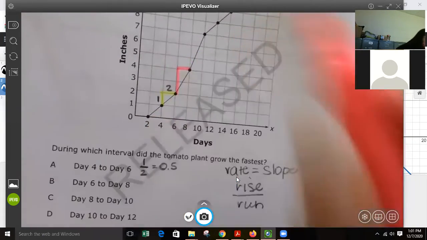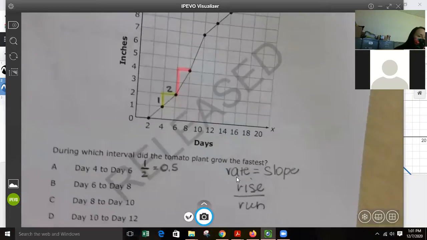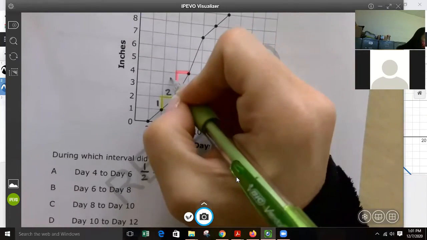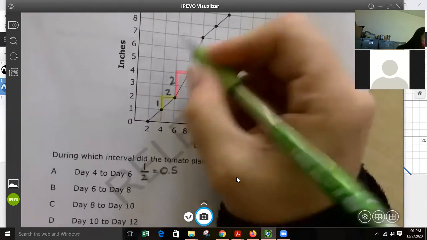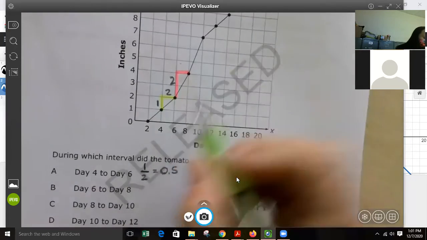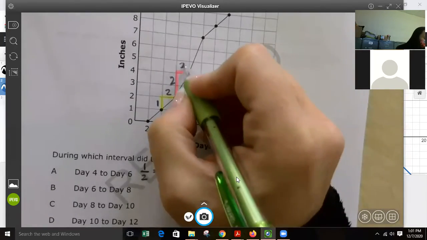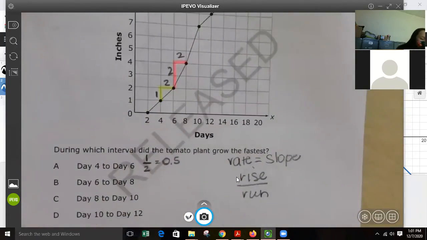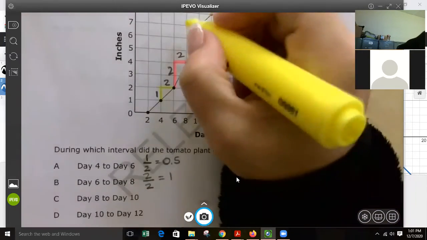6 to 8. How much did I rise? 2. How much did I run? 6 to 8 was 2, right? So we did rise over run, which is 1. Then we did 8 to 10.